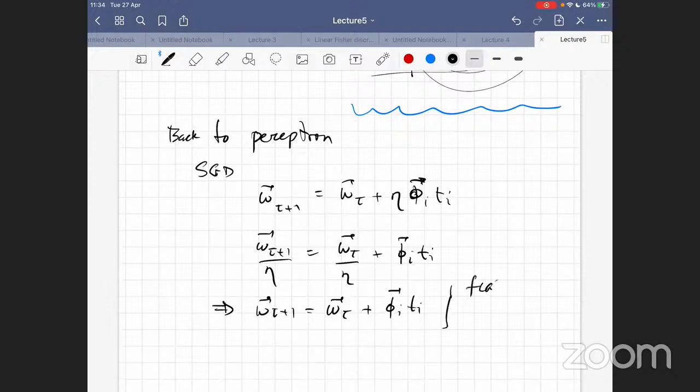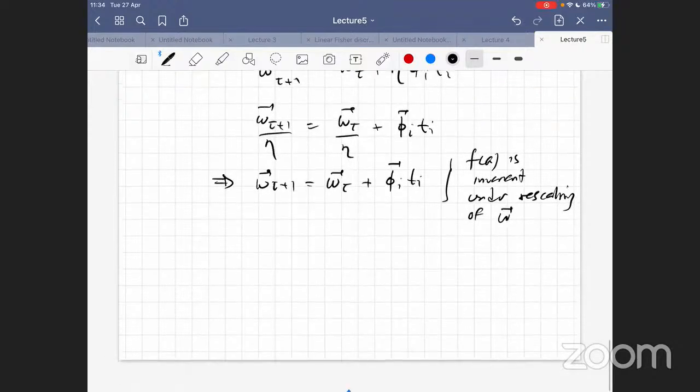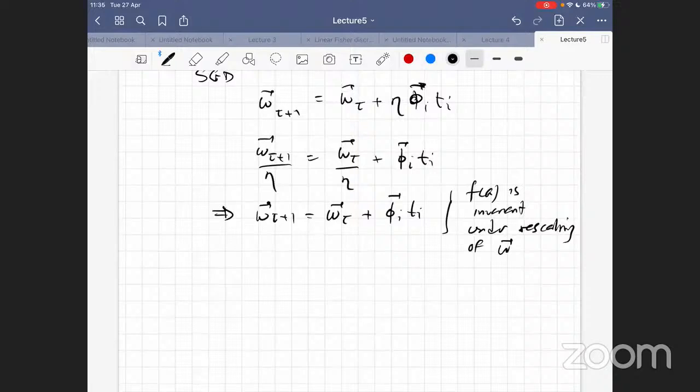Because f of a is invariant under rescaling of the W's. This is in this particular model, okay? This is not true in general, but in this particular model, this is true.